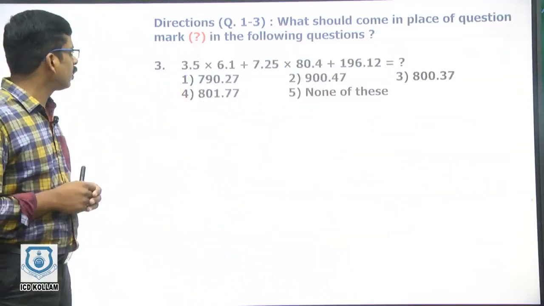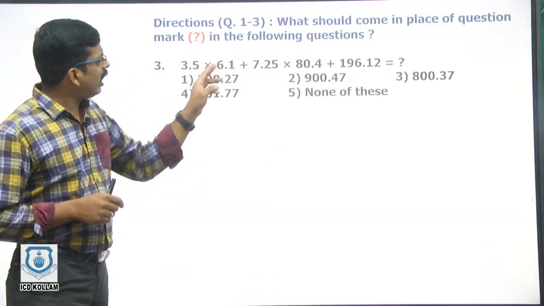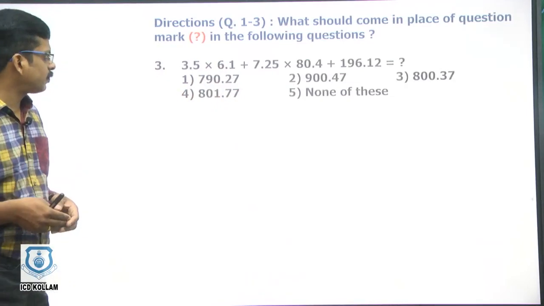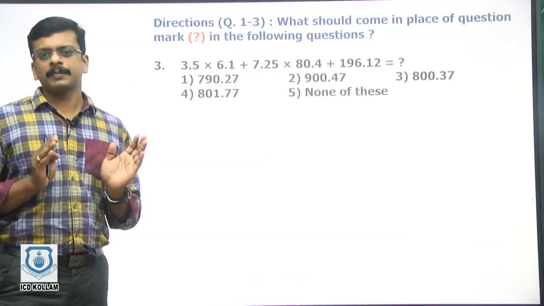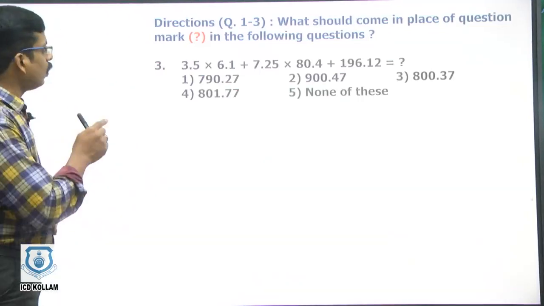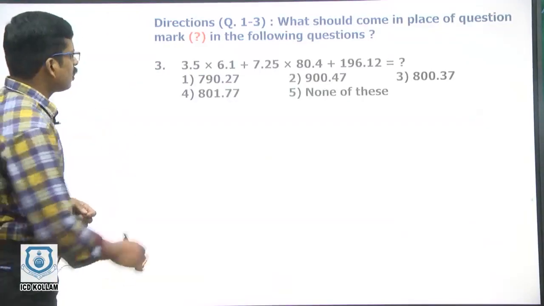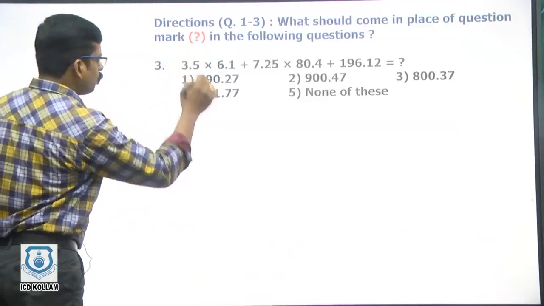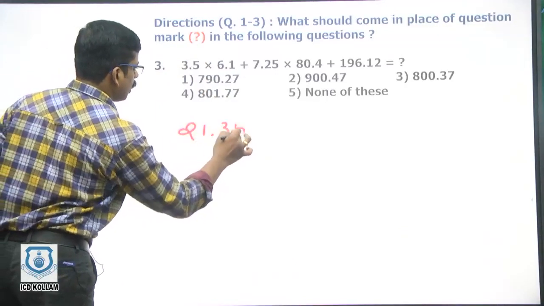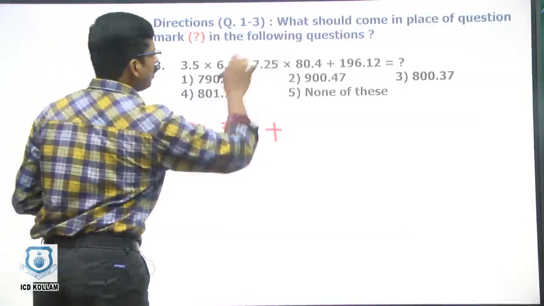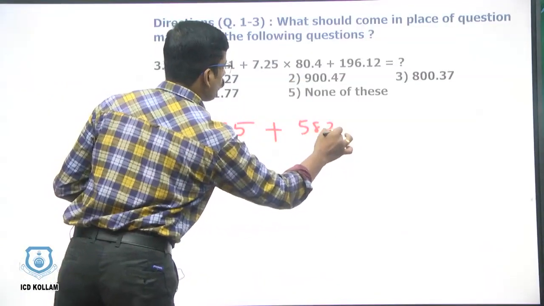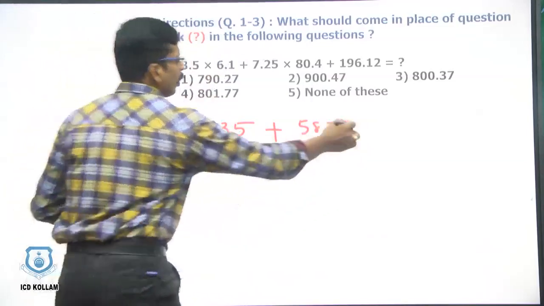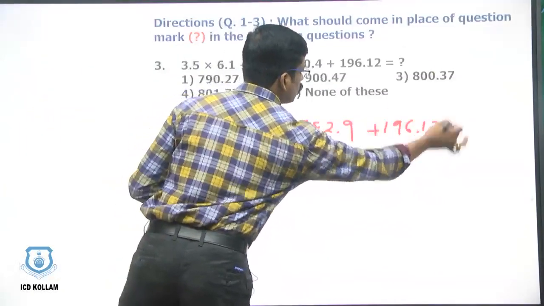Question number 3. Here multiplication and addition take place. So I need to write the first step and only then I can solve this problem. Here 7, 3 is 21.35, 29, 582.9 plus 196.12.